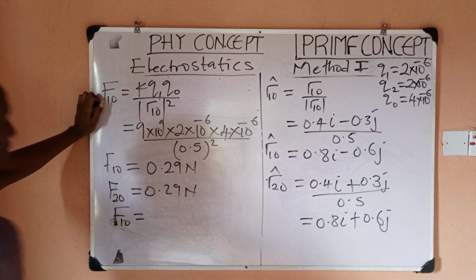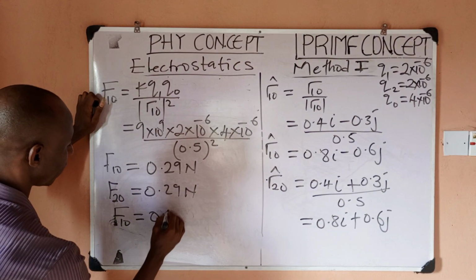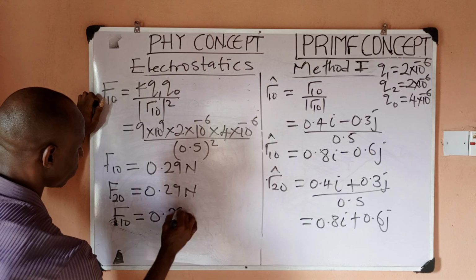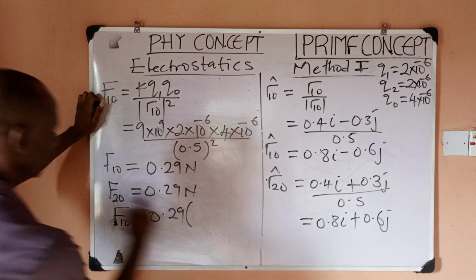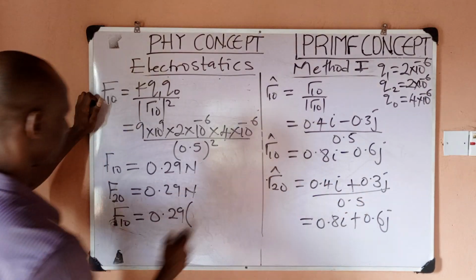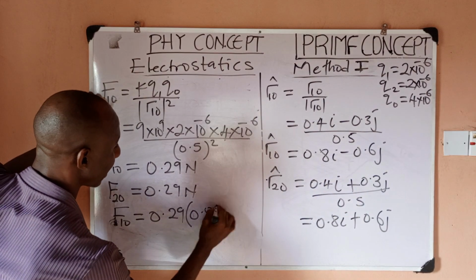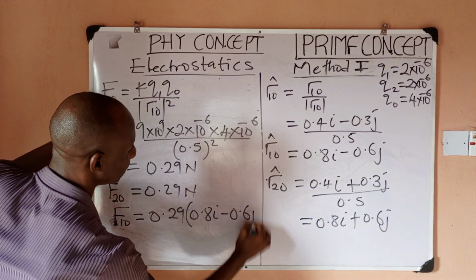So I will have F10 is going to be 0.29 times the unit vector. What is the unit vector? 0.8i minus 0.6j.